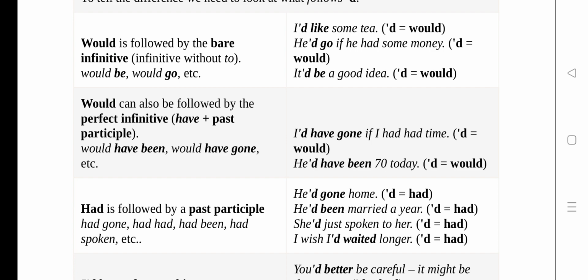I would have gone if I had had time. So you will say I'd have gone if I had had time. He'd have been 70 today. So it is the contraction of would.